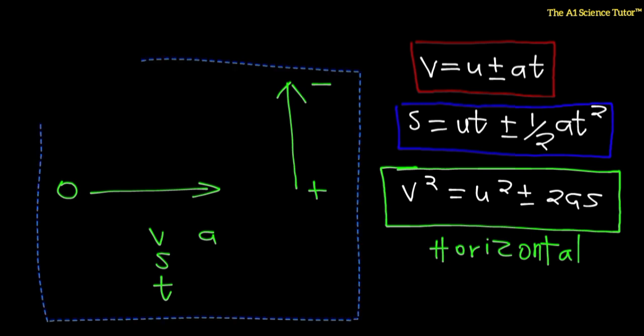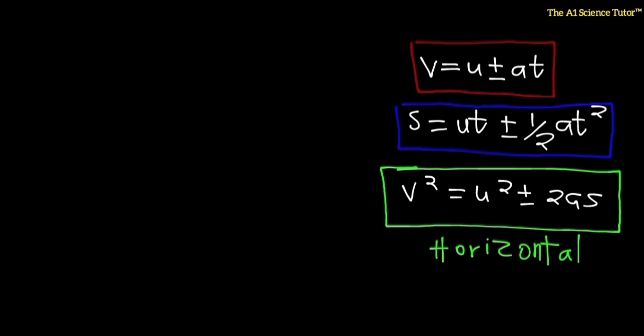So you need to use these ones. Now, for the equations for a motion toward gravity or against gravity, you just need to change the acceleration to g. Because in that case, we're going to have these motions working against the acceleration due to gravity or toward the acceleration due to gravity. So let us write that one.